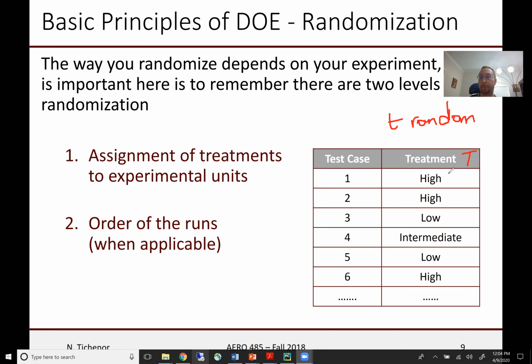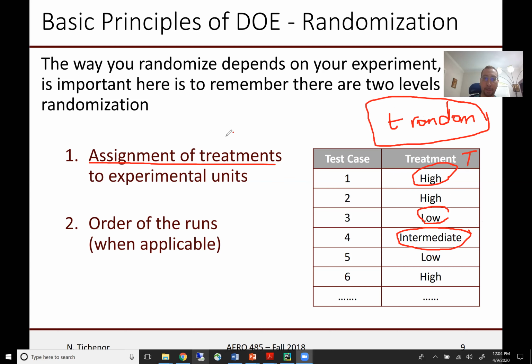We have high temperatures, low temperatures, intermediate temperatures, and different levels. Here we're assigning treatment temperatures randomly to samples with different times of curing, and we run the experiment.